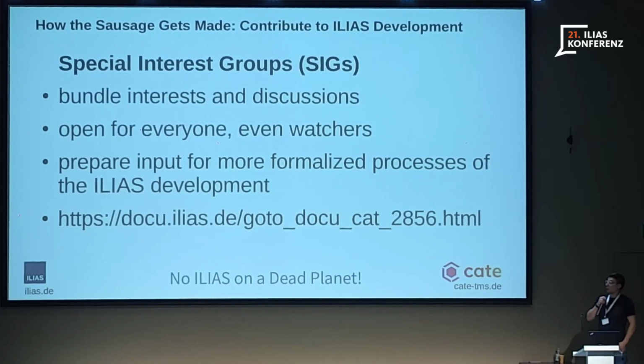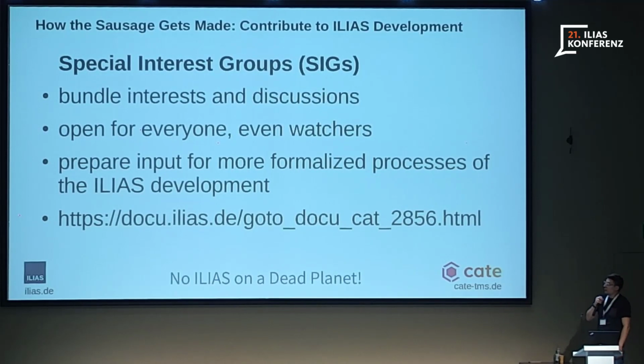These are groups that bundle interests and discussions. If you discovered that you have a specific motive, like wanting to improve the privacy of ILIAS, you might find a special interest group that already talks about that topic. This would be a very obvious point to start your search for like-minded people in the community.